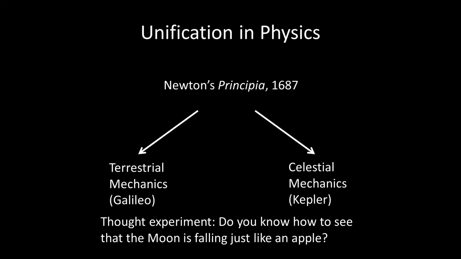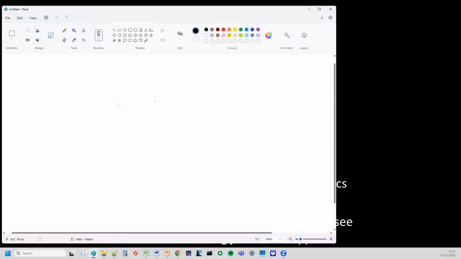Oh, wow, I had forgotten that I also had this here. I put so much stuff here. So, do you know how to see that the moon is falling just like an apple? No? Okay, I will have to, sorry, I think I have this in slides, but imagine that is Earth, and imagine that there is a very tall tower and you are at the top.